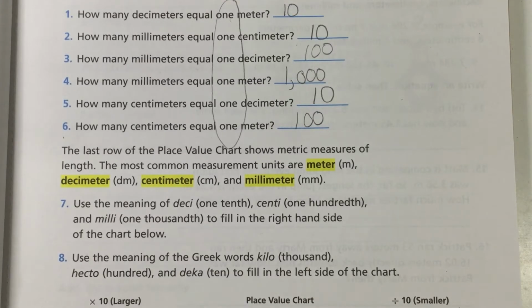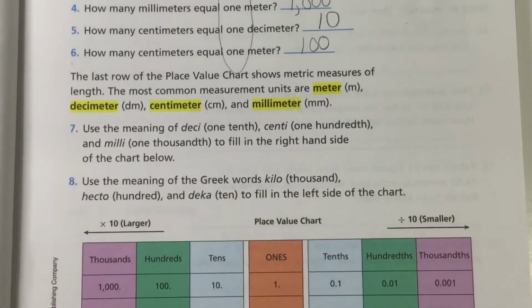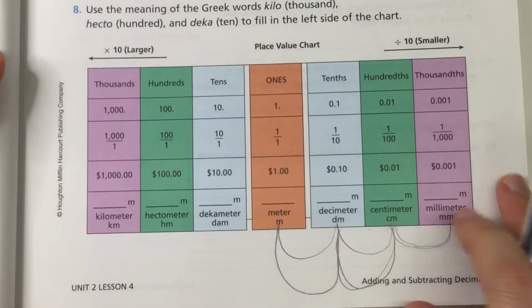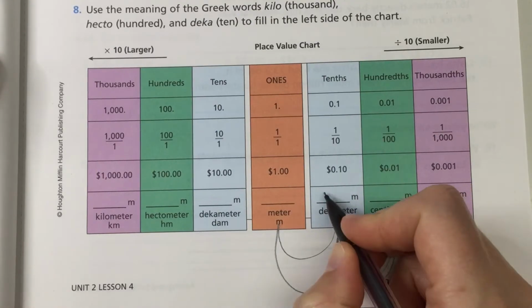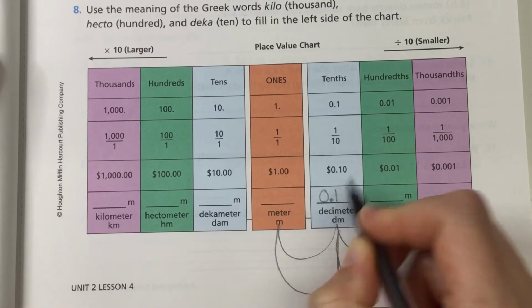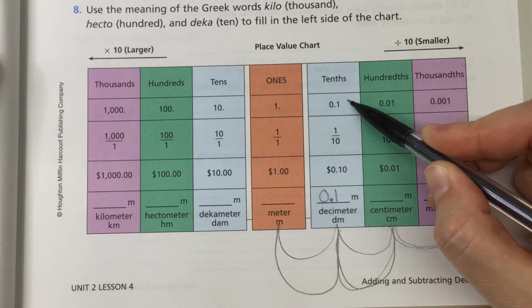So we need to fill that in, and we're going to do so by figuring out what numbers would go down here. So if we know that deci is 1/10, then we're going to say the decimal 1/10. You can also see it right up there. See how they're the same?